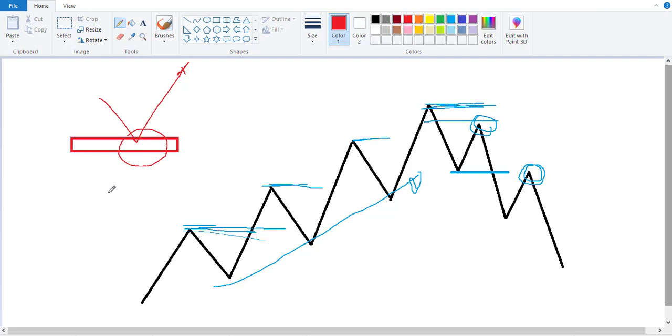But a breaker is a failed order block. Order blocks are supposed to hold price, so when an order block fails to hold price, or when price breaks an order block instead of bouncing, that particular order block becomes a breaker.